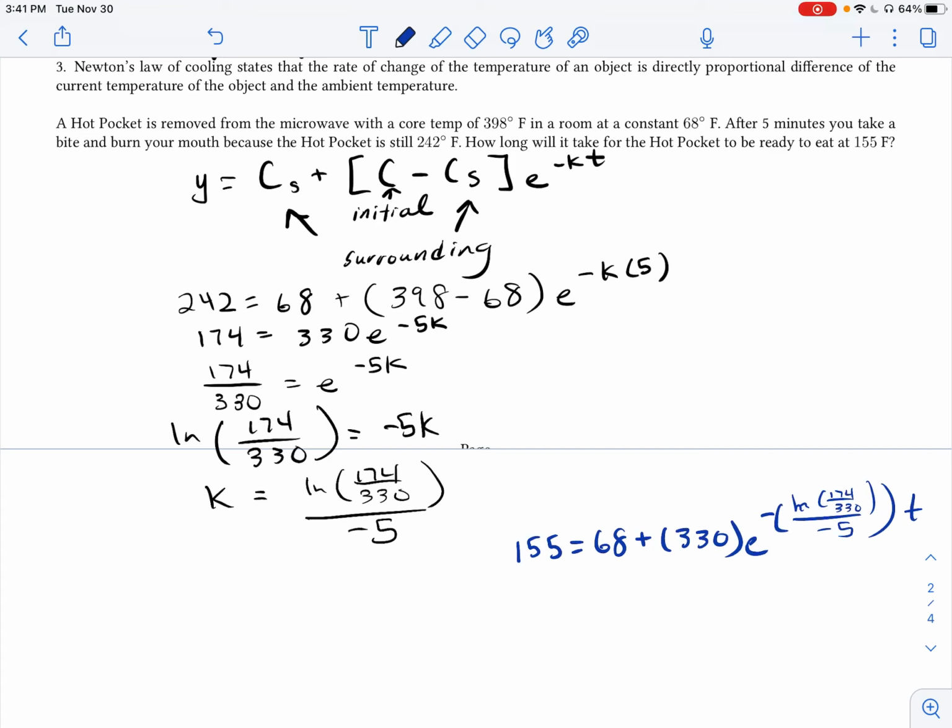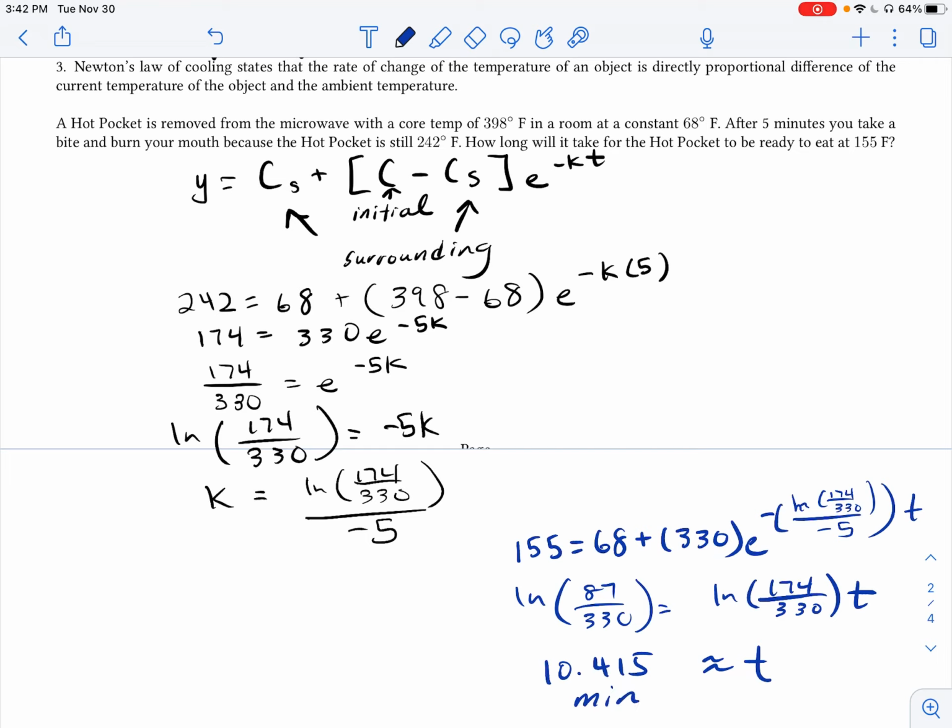Now we're going to take the natural log of both sides after we have done some simplifying, and you should get the following. Okay, and I believe that should actually be positive. And t should come out to approximately 10.415 minutes. All right, and there you have exponential growth.